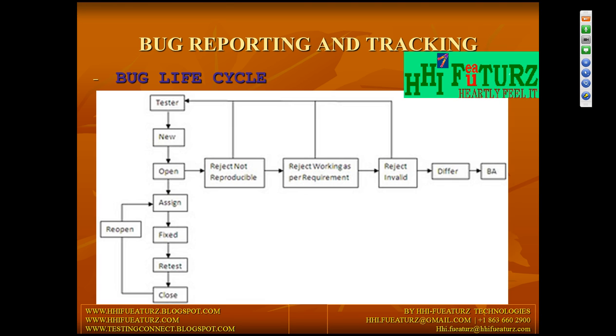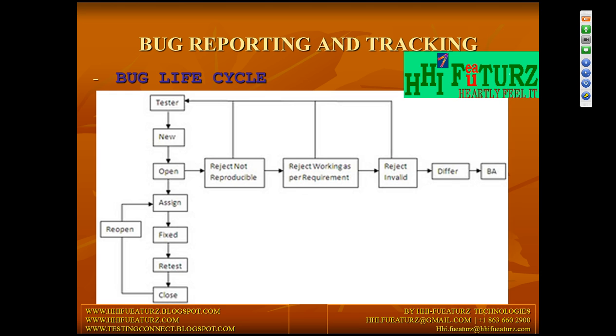So he will open that bug, meaning he has accepted it as a bug. Then depending on the priority and severity you set, he will take some time and fix that bug. Once he has fixed it, he will change the status of the bug to fixed.